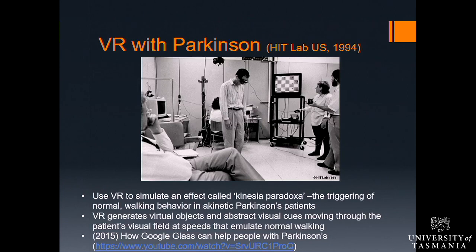When he looks to the floor, he'll see a chessboard. What that means is it allows him to step from one pattern to another, from black to white to black to white. That allows him to make the first step, which is actually the most difficult for Parkinson's patients. They're often going back and forth and not really moving forward. So that is their experiment with that.